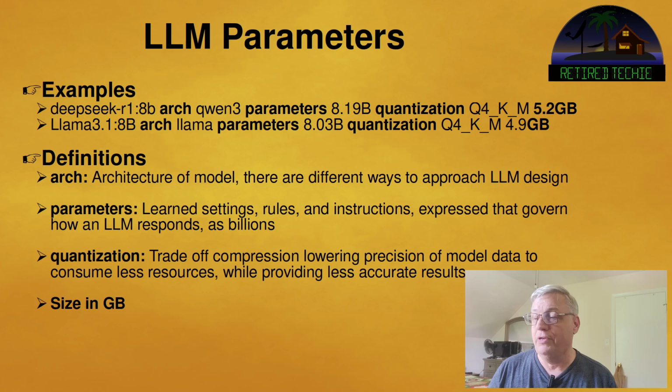Yes, they are run locally, but require resources to set up and train, and that's where the big tech companies come in. Parameters deal with the number of settings, rules, instructions within the LLM itself, and these are measured in the billions. And this is what sifts through the data, how the data is sifted through.